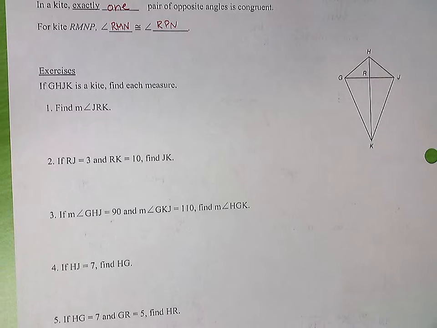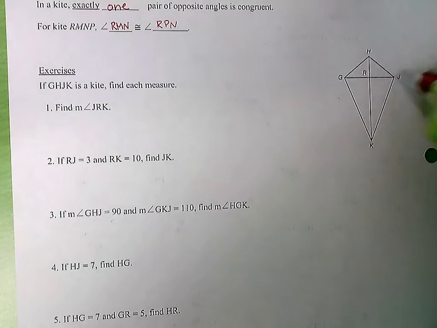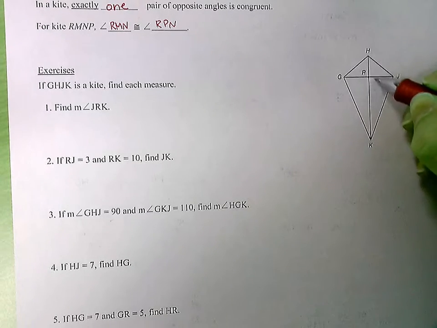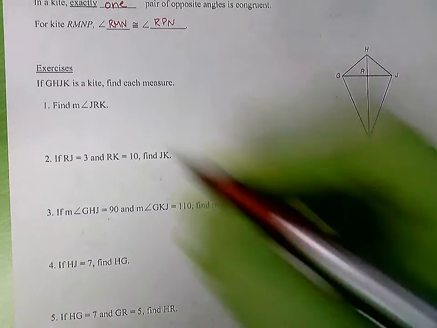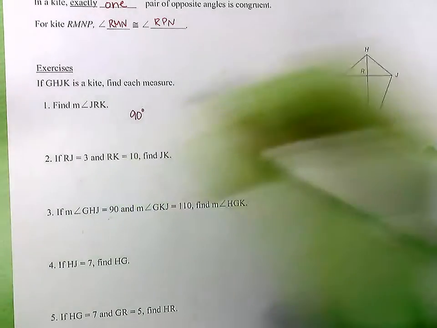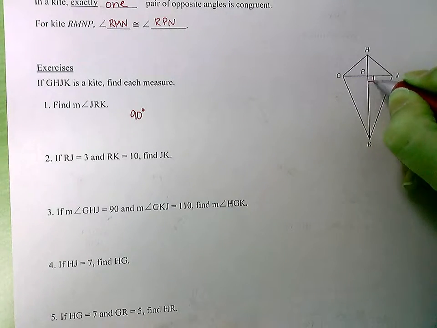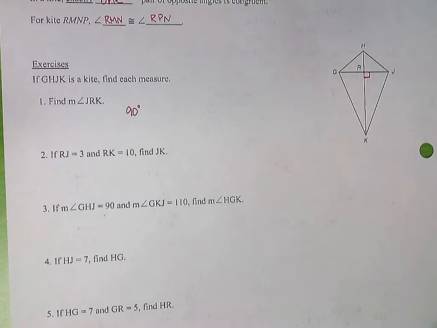All right, so number 1, we want to find the measure of angle JRK, from J to R to K. That angle is this one right here. It is 90 degrees because it's formed by those diagonals, and the diagonals of your kite are always perpendicular, creating that 90 degree angle.